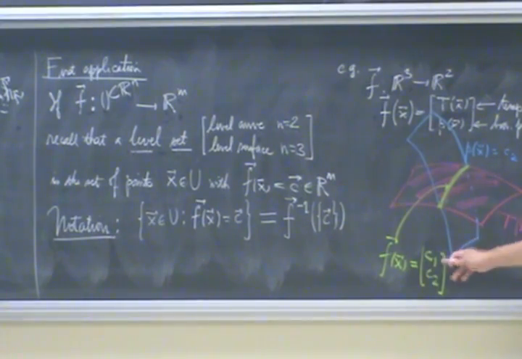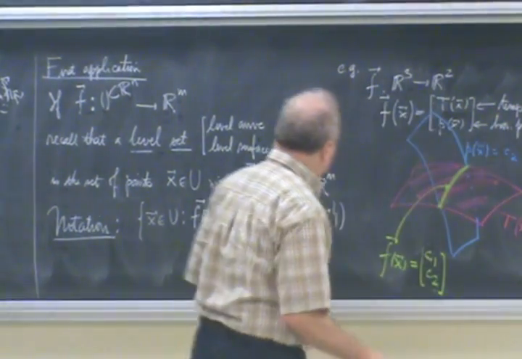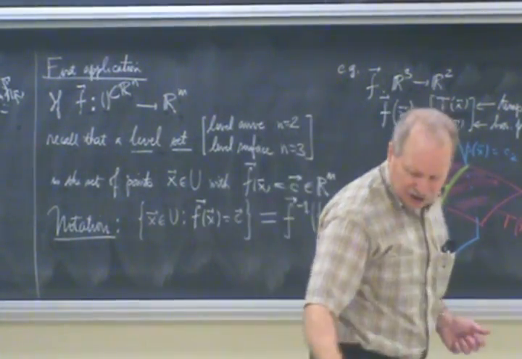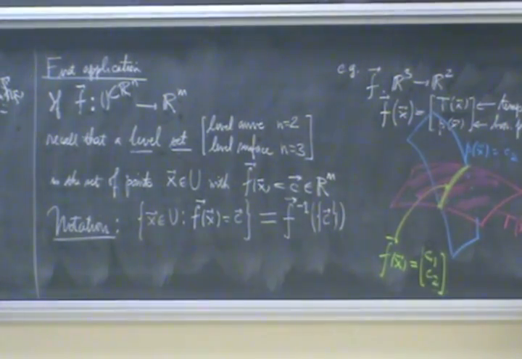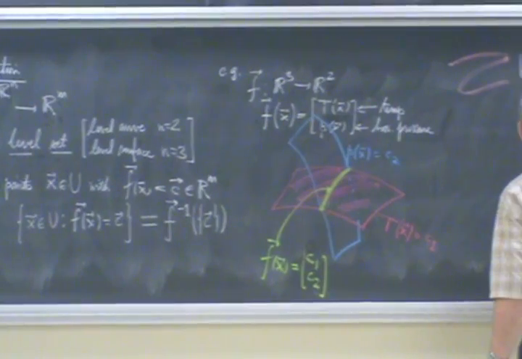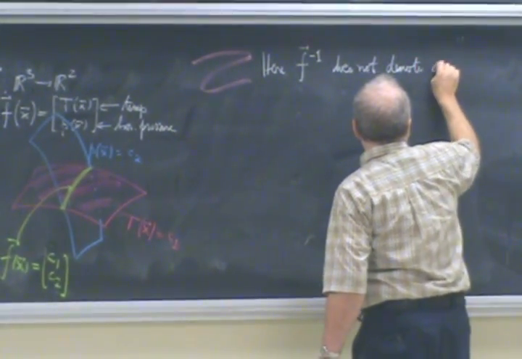So what would f inverse of this mean? There's no unique x to go back to. So this notation does not mean inverse function. So the warning here, f inverse does not denote an inverse function.